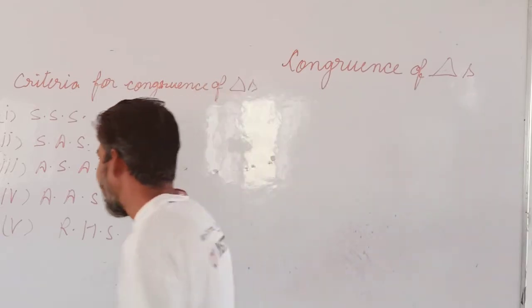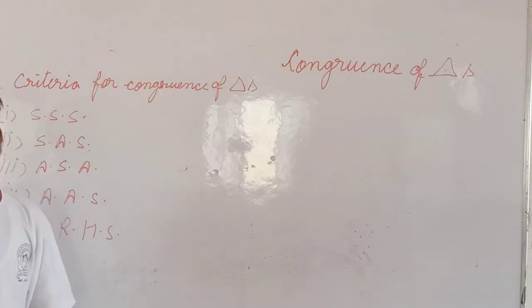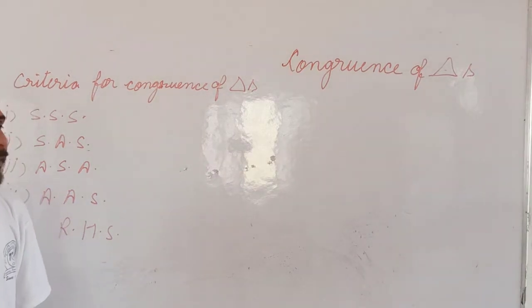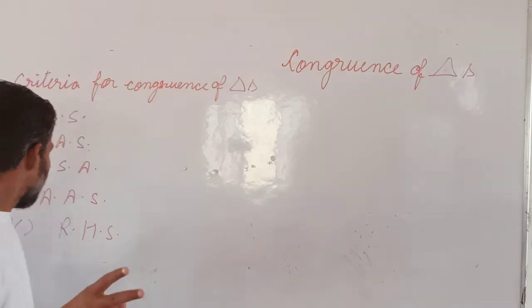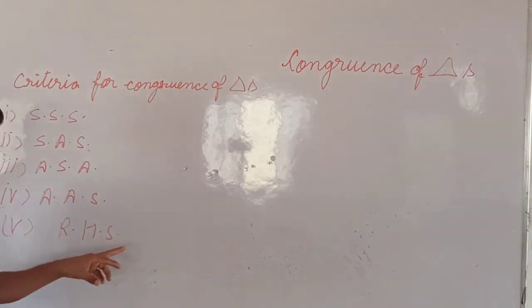Third one, angle, side, angle. Two angles are equal and the including side is also equal. This is important. Then we can say the triangles are congruent.